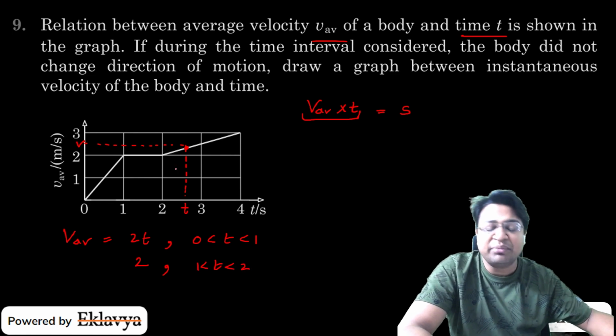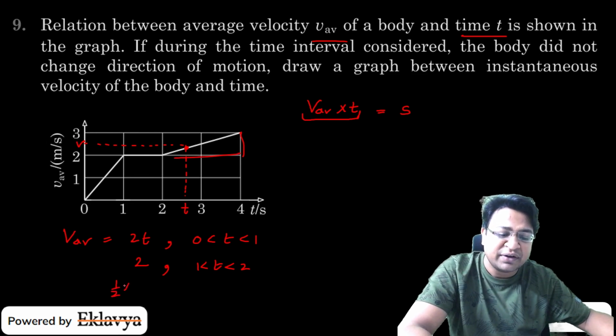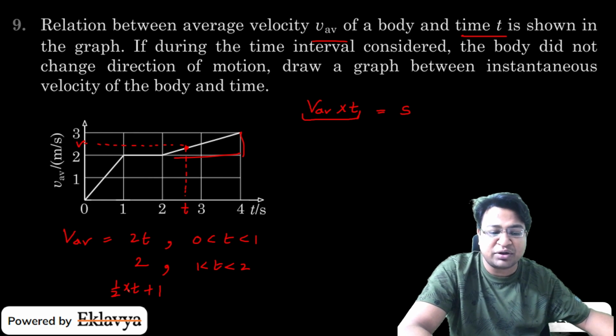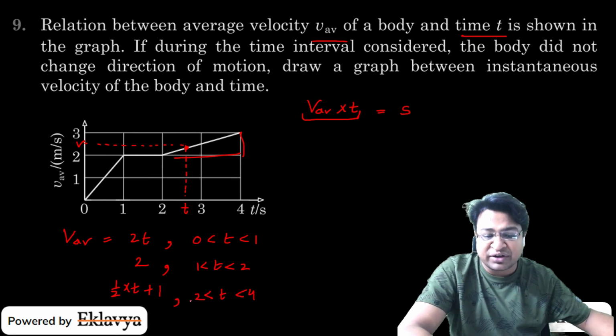Then it again becomes a straight line of slope 1 by 2. So the slope is half, so half into t plus something. If I select t as 2, I should end up with a value of 2. So that means I should put 1 here, because if I select t as 2, it will become 2 by 2, 1, and 1 plus 1 is 2. So this should be the function of V average versus time.